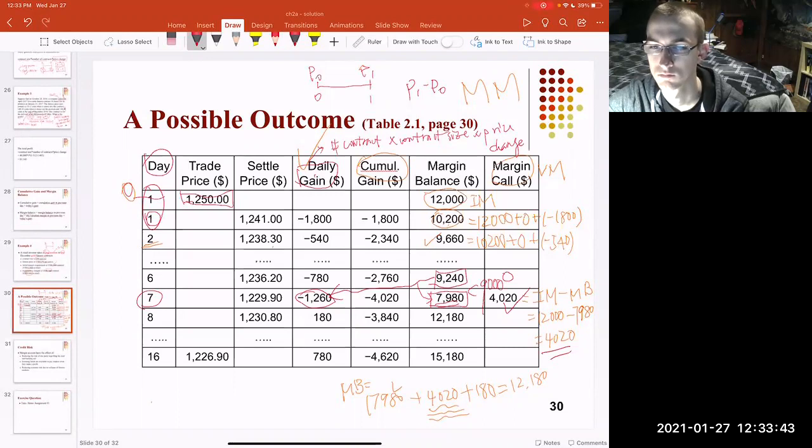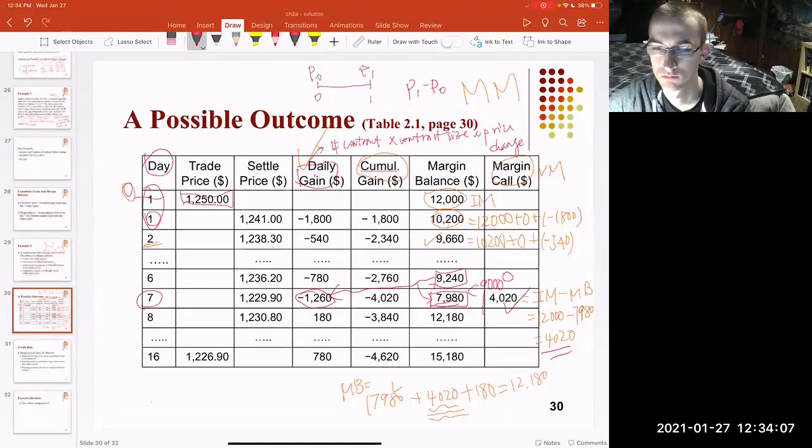We have question 3 in the assignment. You need to calculate the margin balance for each day and complete the whole table: find out the daily gain, cumulative gain, margin balance, and the variation margin, if any.